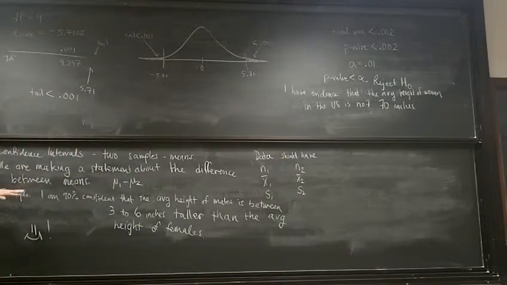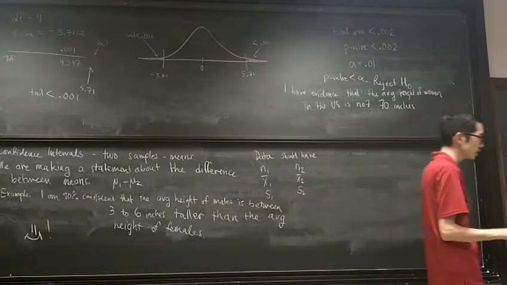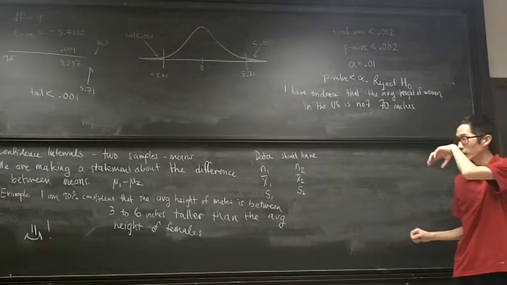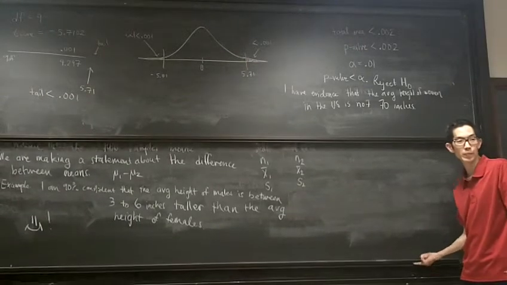So this is where we are aiming to go. We're looking for the difference between mu1 and mu2. We're making a confidence interval for the difference between mu1 and mu2.